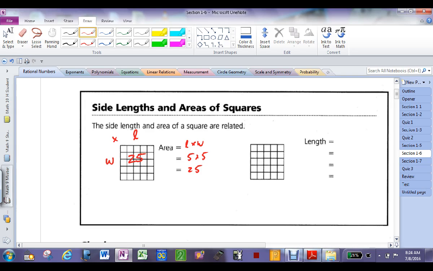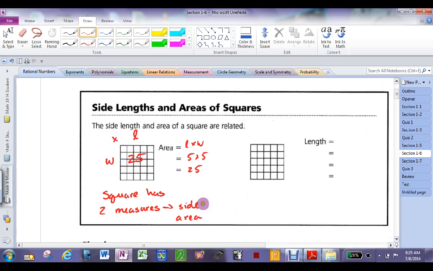Now, this tells us that a square has two measurements. There's the side and there's the area.